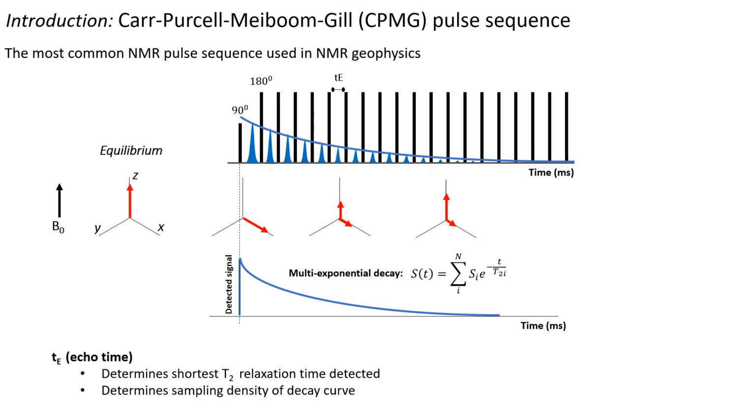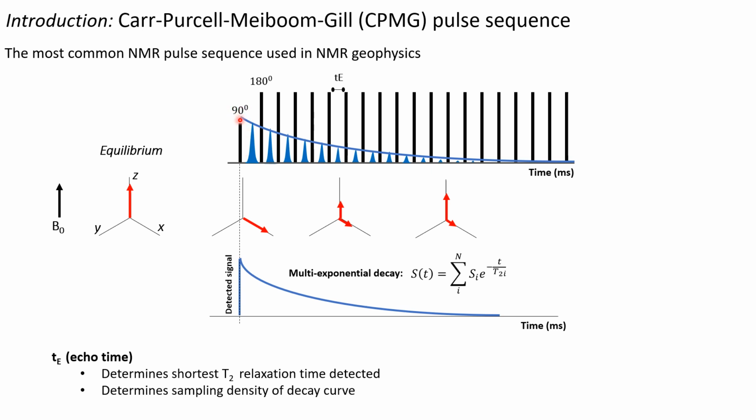So here I just wanted to show you the most common pulse sequence used in NMR in order to measure the multi-exponential signal decay curve. And this pulse sequence is called CPMG. So what happens here is that we have a series of pulses. The first 90 degrees pulse is the excitation pulse.